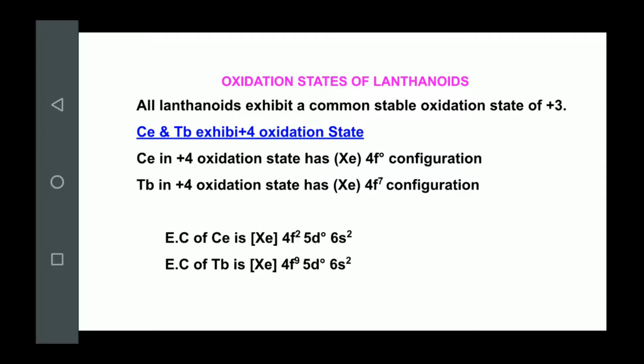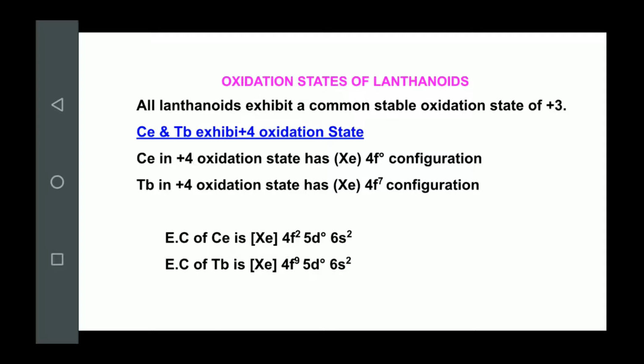So they are going to have empty orbitals in the +4 oxidation state. That is why they will form a stable ion or compound, whatever they are going to form, in the +4 oxidation state.